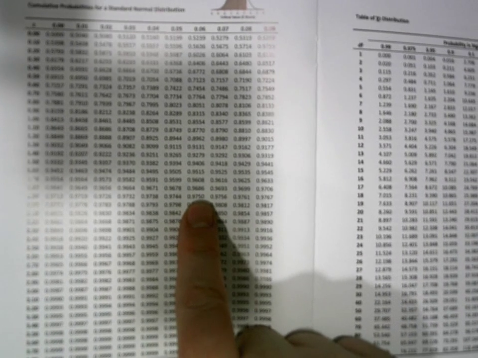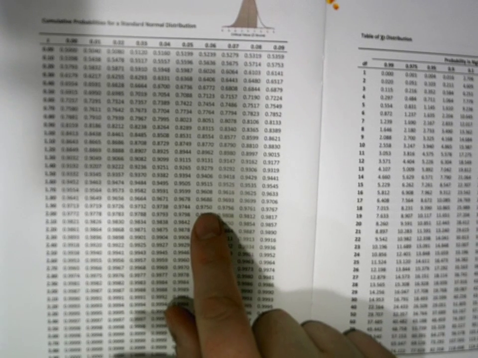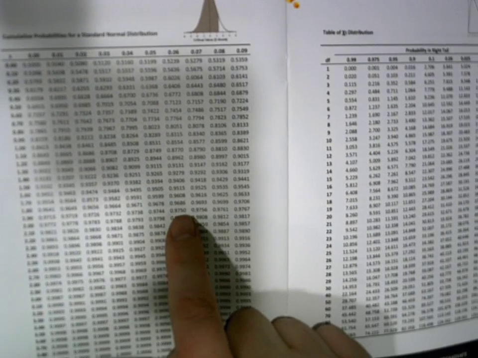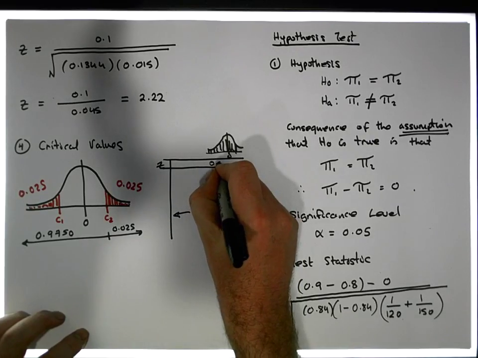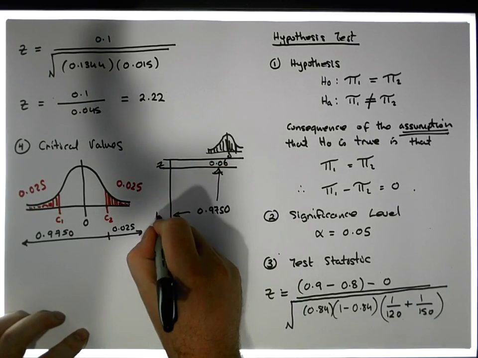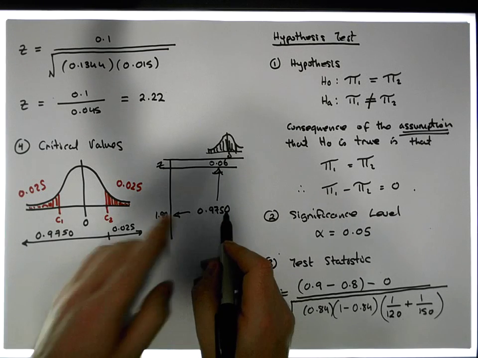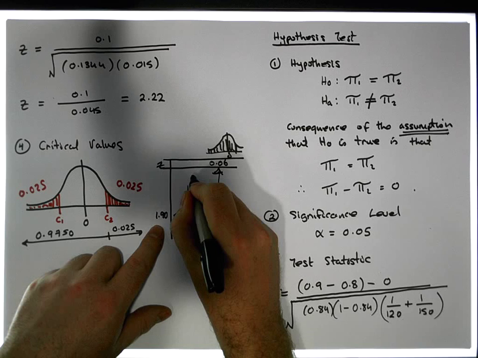It's a bit fuzzy. 0.9750, there it is. It's under the column heading 0.06 and it's on the row 1.90. So the z-score that has 0.9750 of the area to the left of it is 1.96. That's the z-score that I'm interested in.